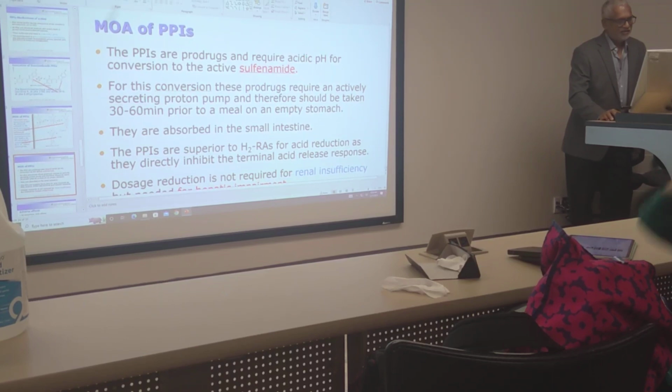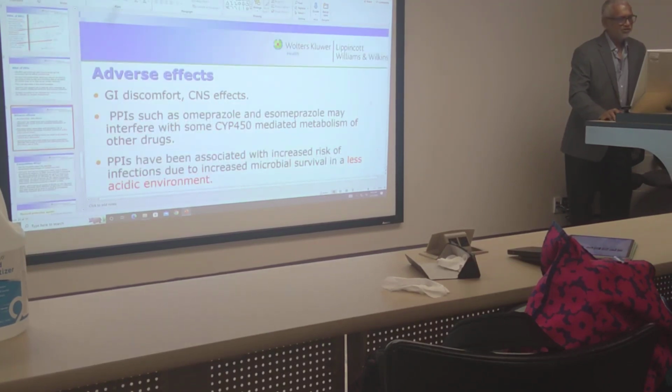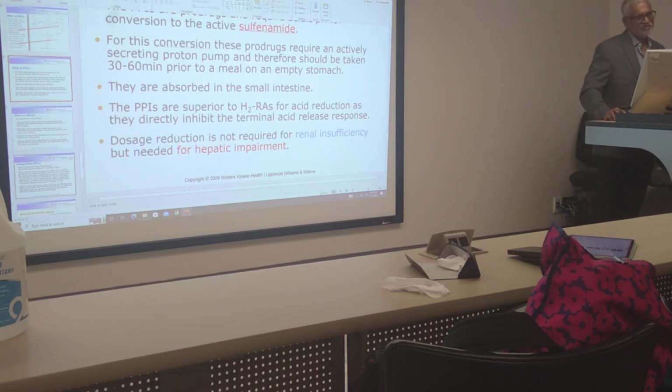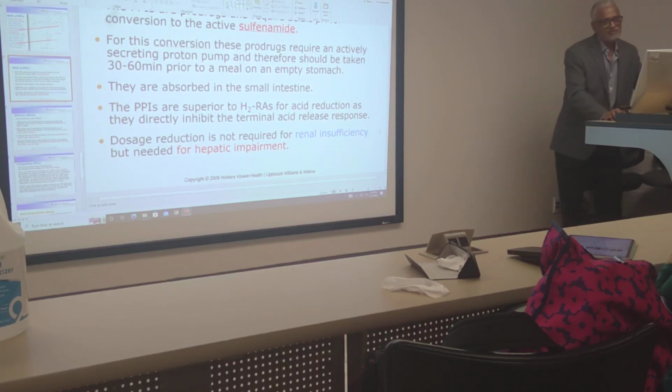And then the PPIs are superior. Dosage reduction is not required for renal insufficiency, but it is required for hepatic impairment. Patients with hepatic dysfunction require lower doses of the PPI.